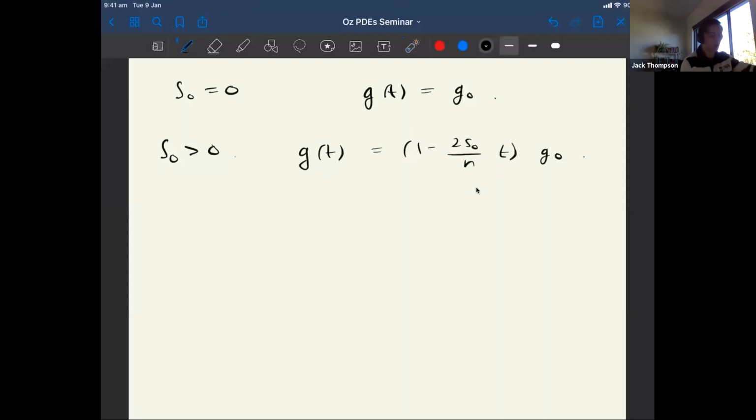And the scalar multiple on the metric can't go negative, because then this would stop being a metric. So we interpret this as our manifold shrinking to a singularity, which occurs at time n on to S naught.